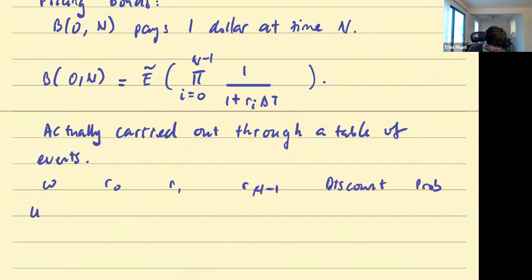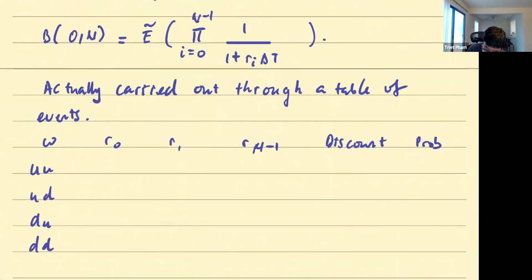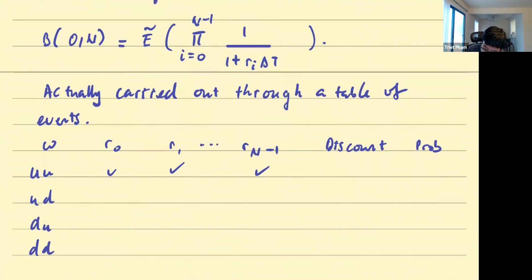So for example, you would do UU, UD, DU, DD. You would fill this out, and then you would calculate all these and add them up at the end.